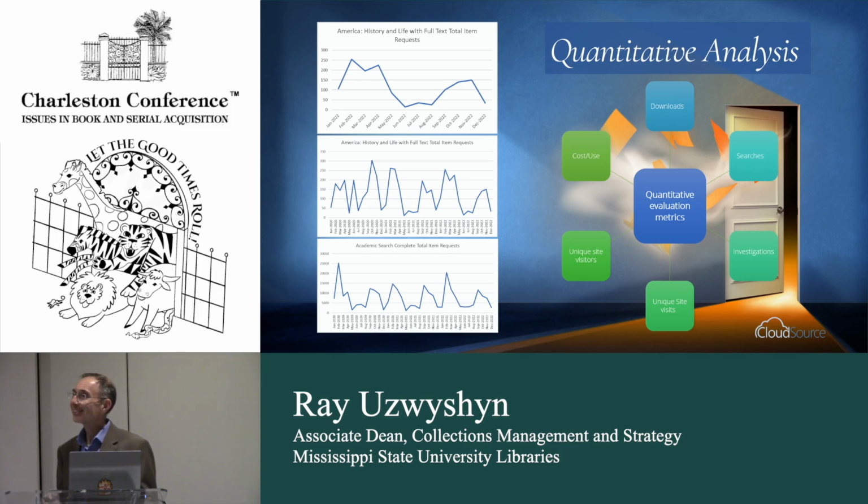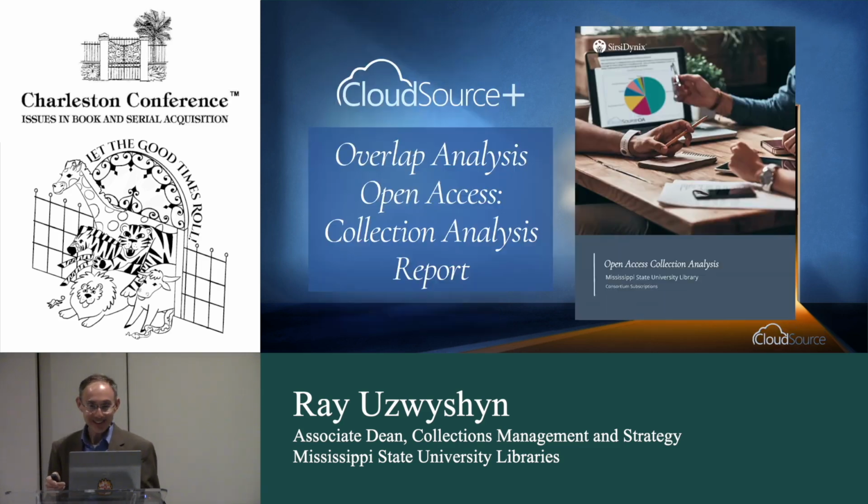I wish I was younger so I could see the slides here, but the slides are a little small for me. So the third piece here is this great resource that Maryska mentioned briefly, and that's the overlap analysis.